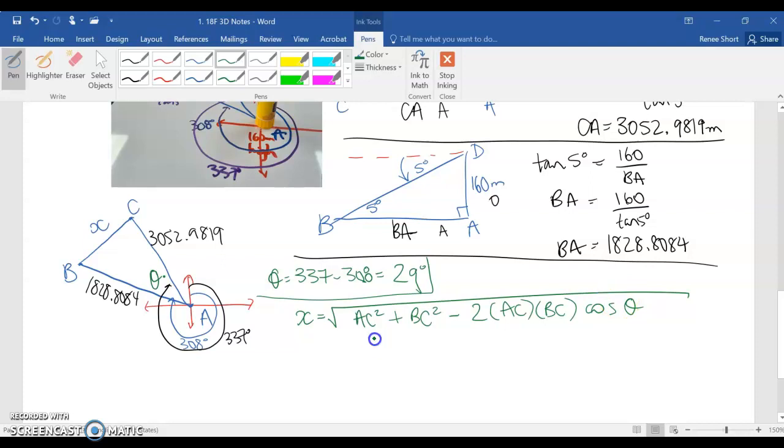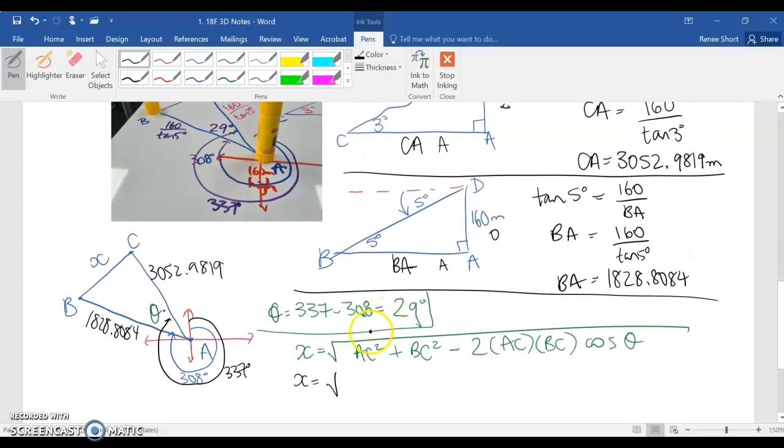I can now substitute this in. Remember, the most accurate way for me to do this would be to put in the fractions that we found before. So we said before that AC is 160 over tan 3. So we'll square that, plus then BC, which is 160. Sorry, I don't know why I wrote BC. I should have written BA the whole time. My bad. Let me just go back and edit that for us.